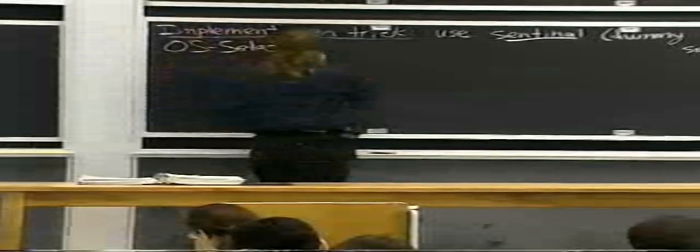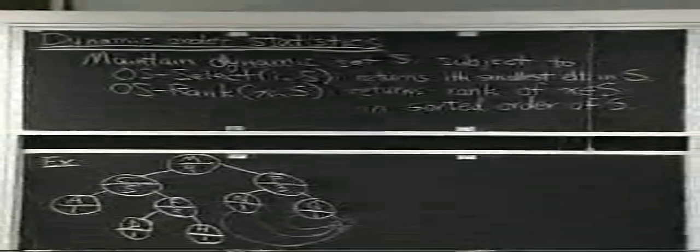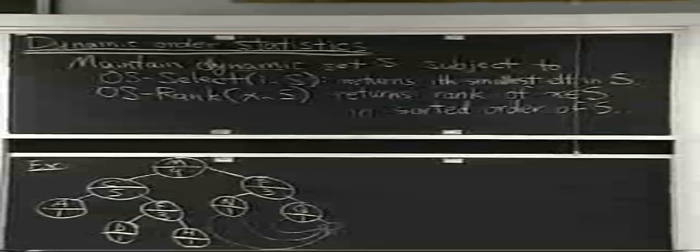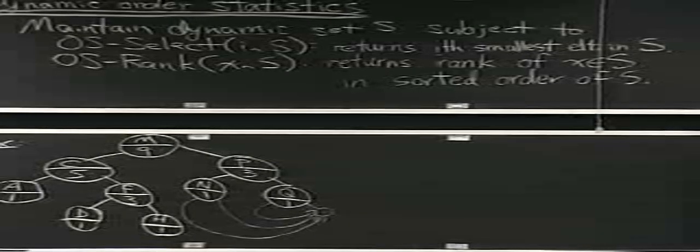Okay, so now how do we do select? Okay, OS select, it should still be written up there. We're given some, okay, I've changed the notation here. So I'm going to reparameterize somewhat so that I can get a recursive algorithm. Okay?